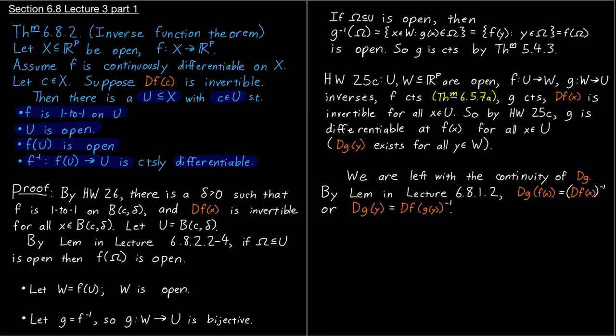So we just need to show that if df is continuous, df inverse is continuous too. So here's what we're going to do. Let's let y and z both be in W. And let's let A be df of g of y, and then B is df of g of z.